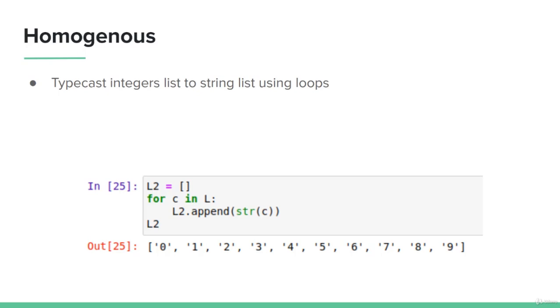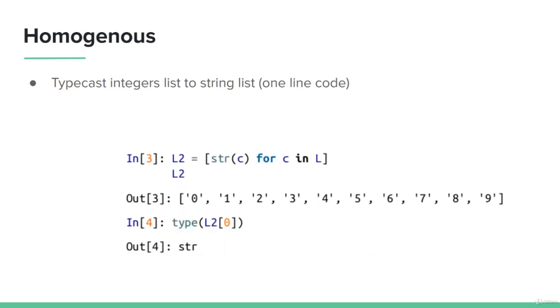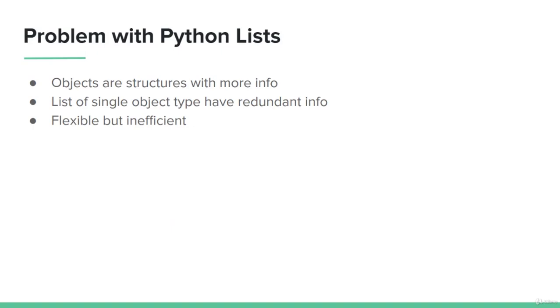So if you want to check that you have successfully typecasted the values, you can again use that built-in type function and find that out by checking the index value of one particular position in the list. Let's discuss something. We have seen that Python gives us flexibility in providing different types of lists. We can store different values in the same list.